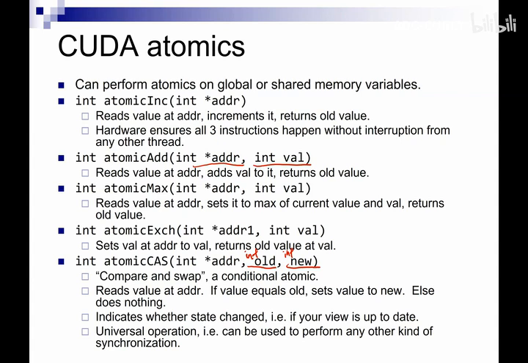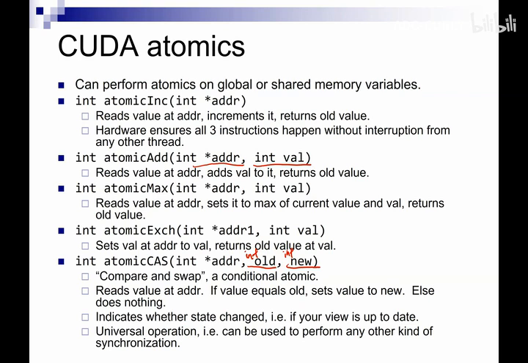So then I'll do this atomic compare and swap, and if the current state is still equal to old, then I'll change it to this new value. But if there's some other concurrent thread that has modified this value, then the value would no longer be equal to old. And in that case, when I do the CAS, nothing will happen to the state, because if the value is not equal to old, then I will not change it to new.